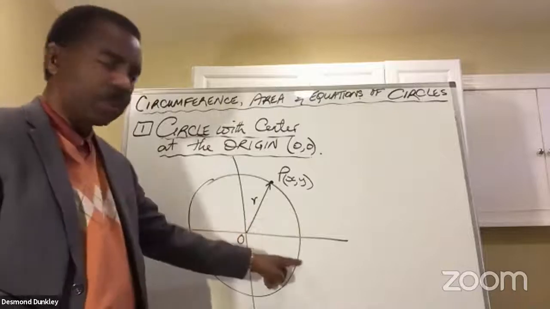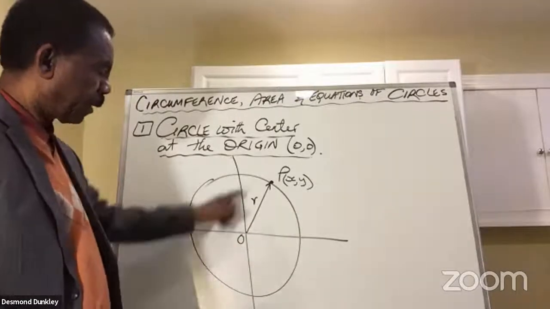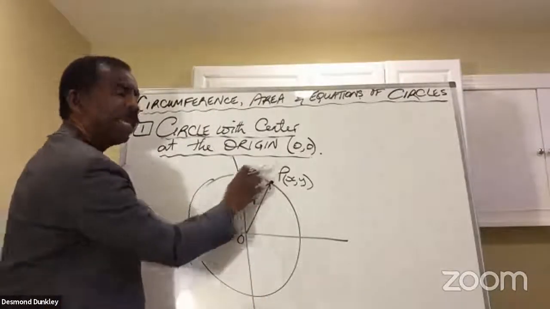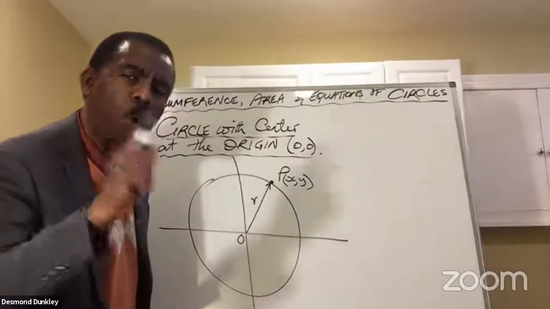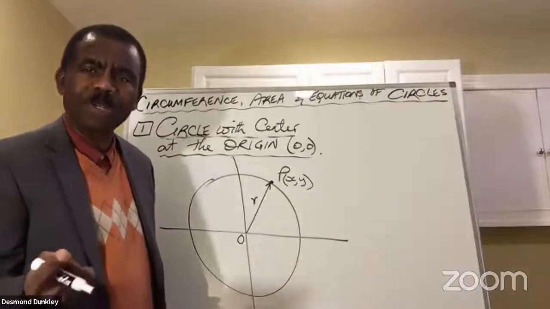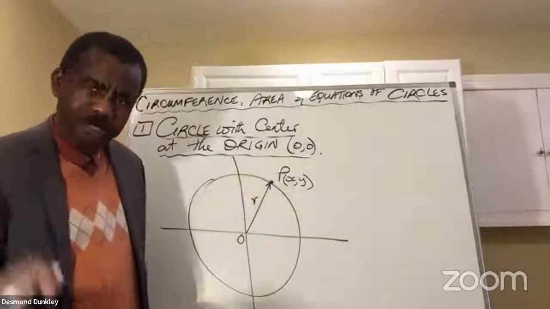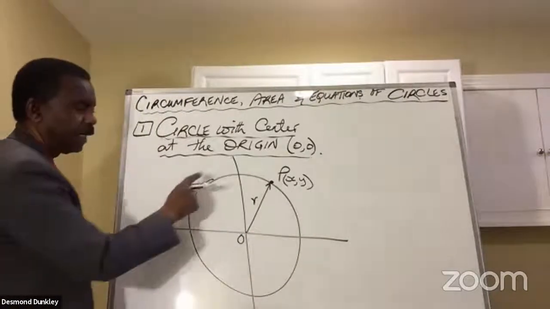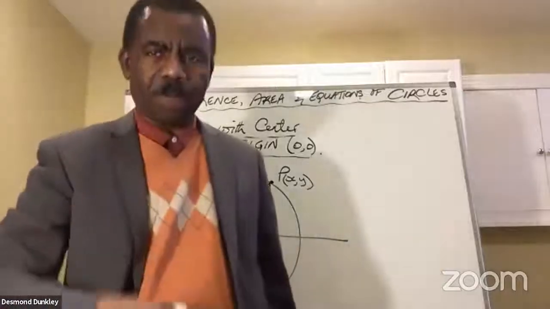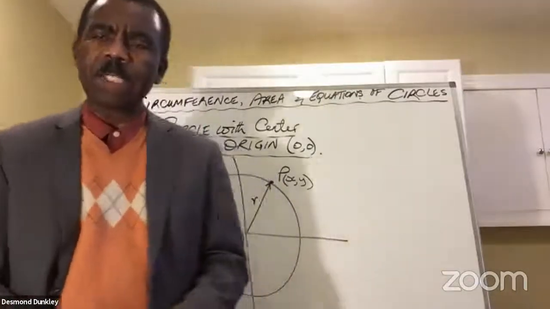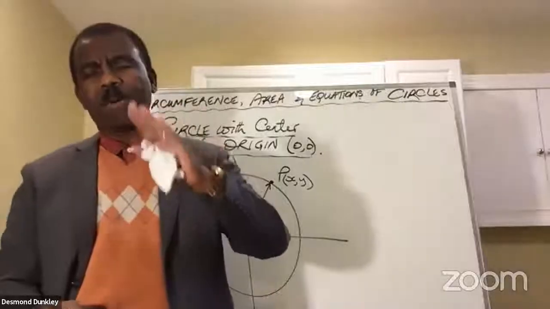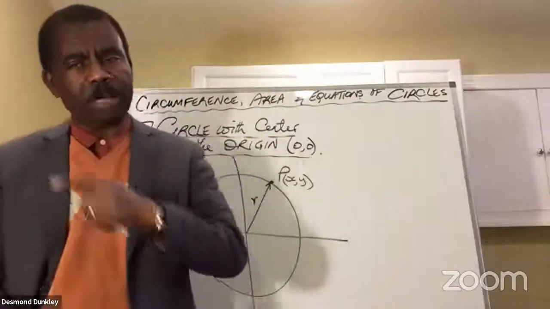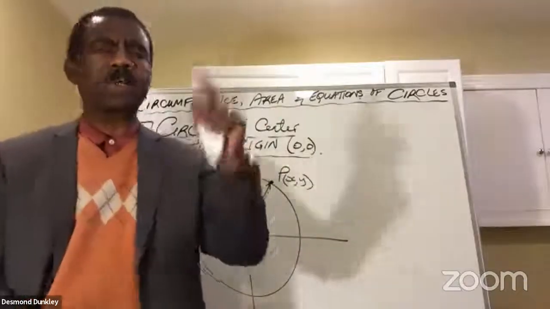From the center to the edge of the circle, will be a radius R. Now, let's picture P as any point on your circle, on the perimeter or on the circumference. Notice I keep saying perimeter, circumference, because they are interchangeable. It's just that when you're dealing with a circle, then we talk about circumference. We qualify it even further. But all it's doing is just measuring the distance around the circle.